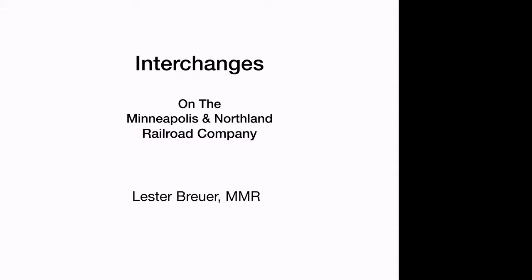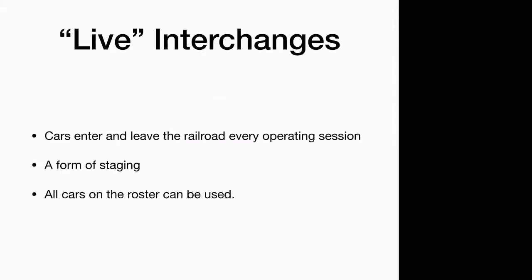I'm going to talk a little bit about, of course, the interchanges on the Minneapolis Northland Railroad Company, and I'm going to have to go into a little bit of side here and there to go along with it. The railroad itself, guys, has live interchanges. As I've probably said before, the railroad is based on the Minneapolis Northfield and Southern, loosely based.